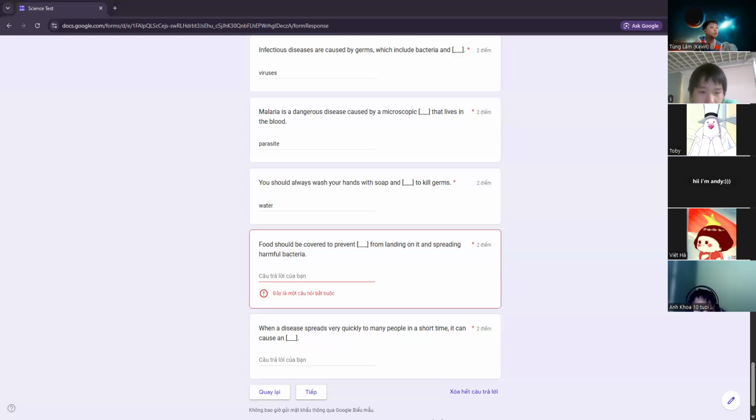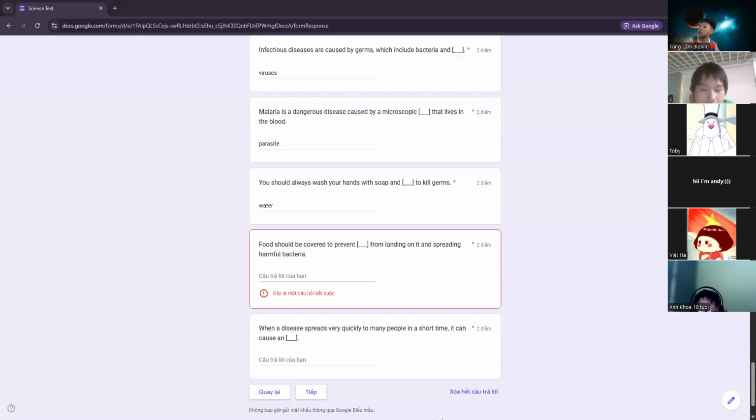Now, food should be covered to prevent what from landing on it? Anyone? Flies. Yes, like flies. Germs, not really, you can't really get germs.